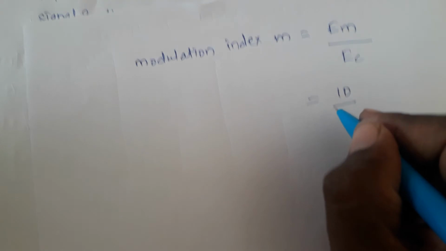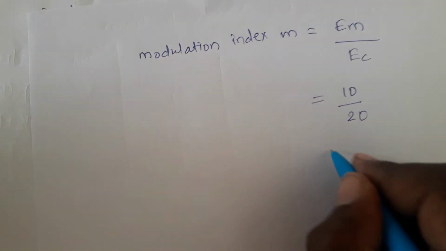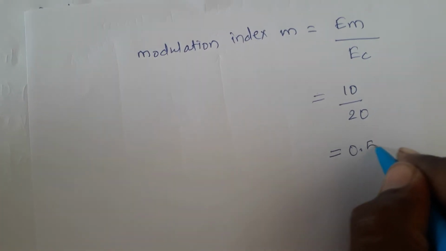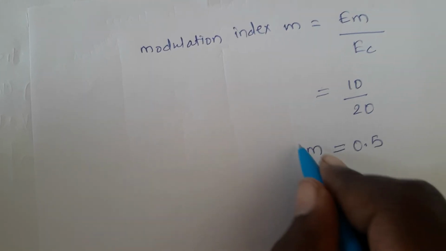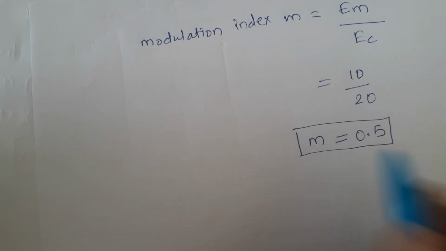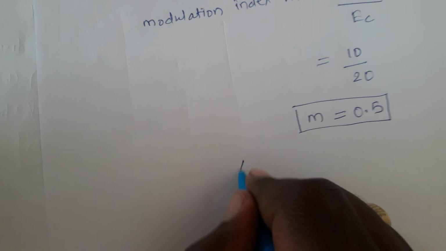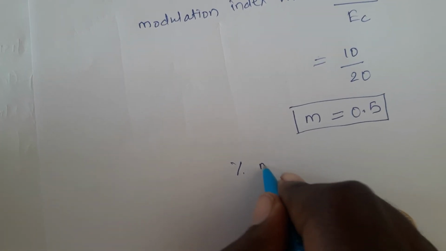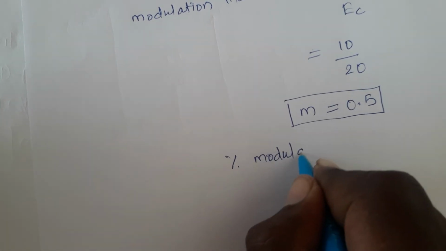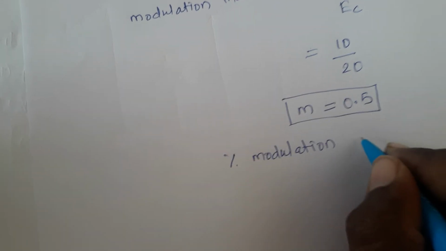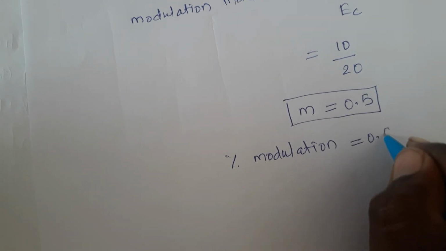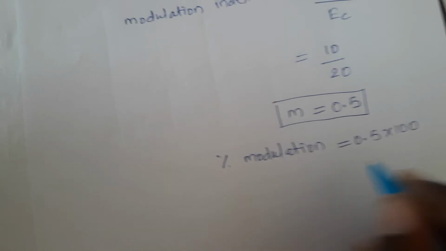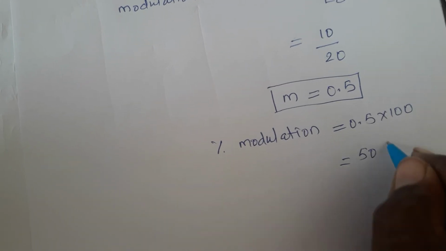We know the value of EC, it is 20 volt, so it becomes 0.5. So the value of m is 0.5, or if we express it as percent modulation, then it becomes 0.5 into 100, that is 50%.